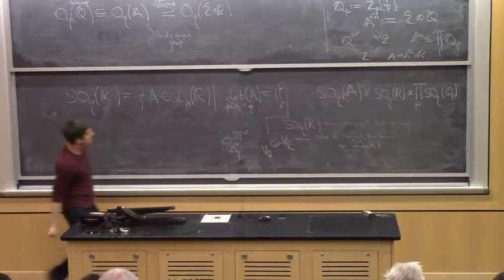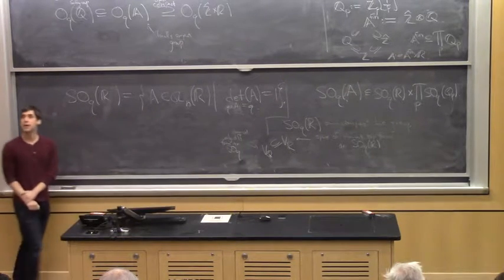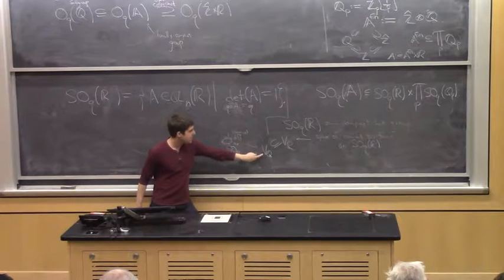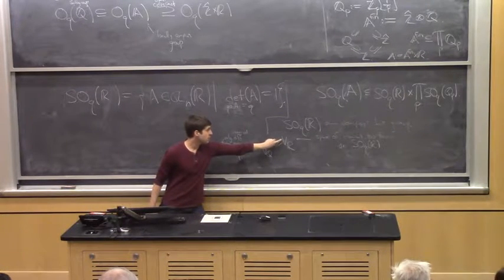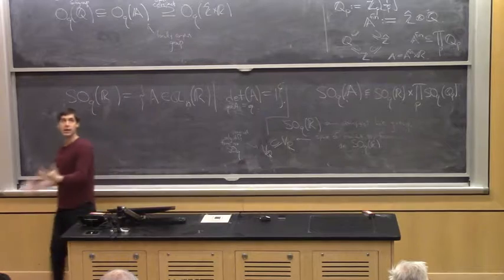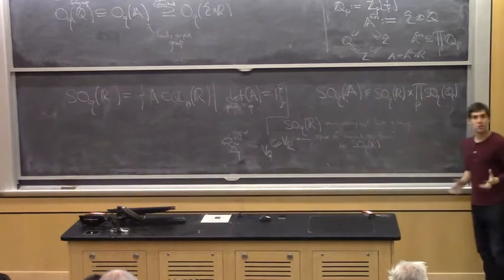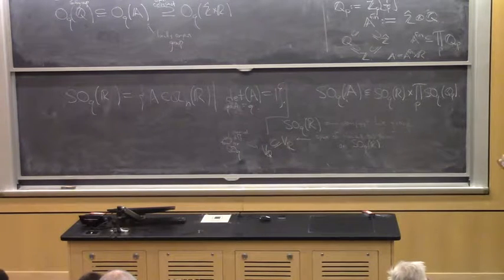So that's a nice observation because it cuts down the ambiguity a little bit. Now, any non-zero element of V_Q is in particular a non-zero element of V_R, and therefore gives you a Haar measure. Now it's only ambiguous up to scaling by a rational number.